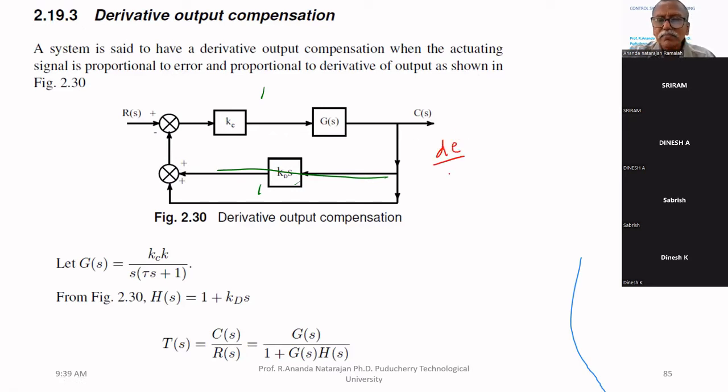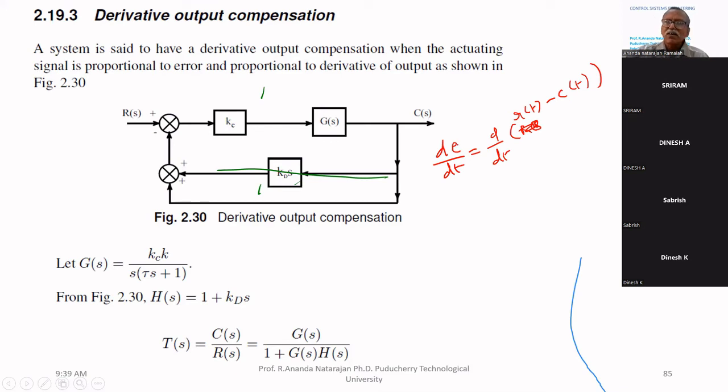Instead of using it this way, we can use derivative output compensation. What is d by dt of e(t)? It can be written as d by dt of r(t) minus c(t), because e(t) is nothing but r(t) minus c(t). Suppose I want to maintain the output always at 500, what is the change in r?